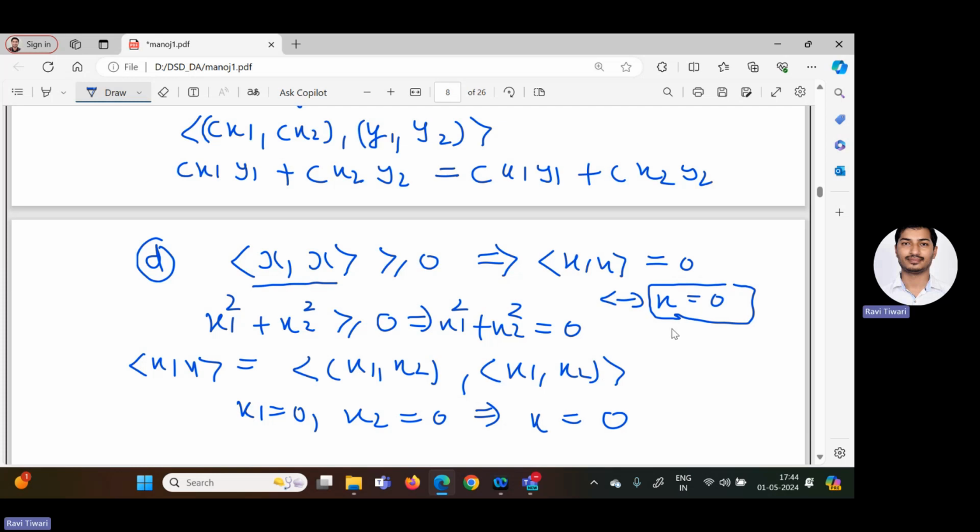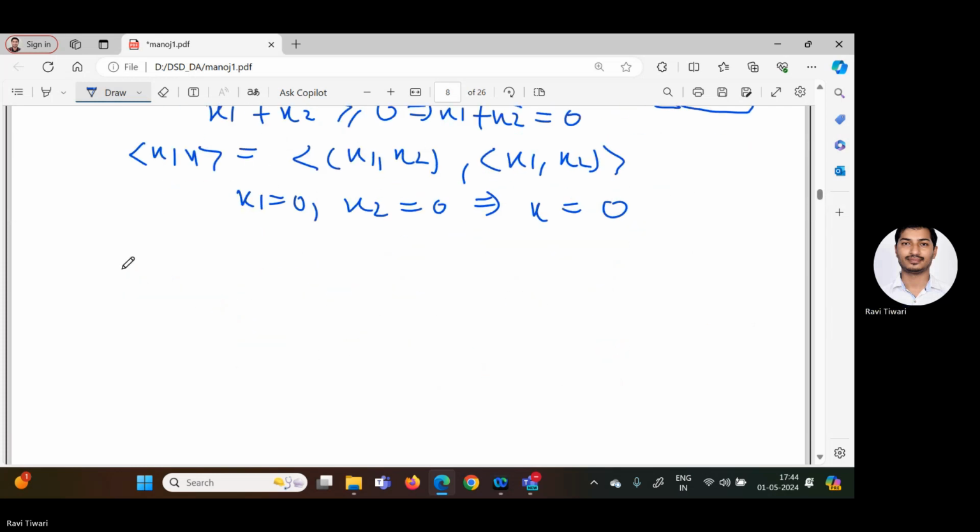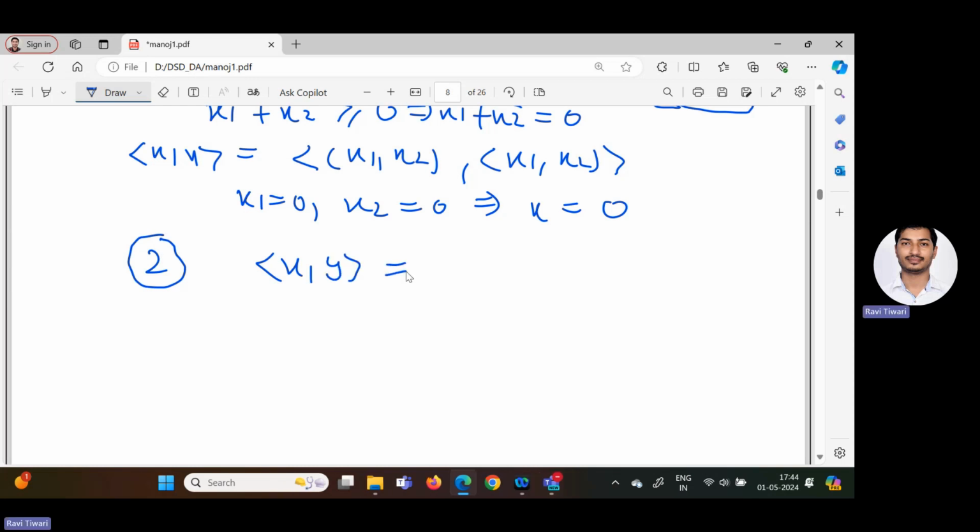Now I will change the definition slightly. It is defined as x1y1, and if I replace the plus by minus, what will happen?